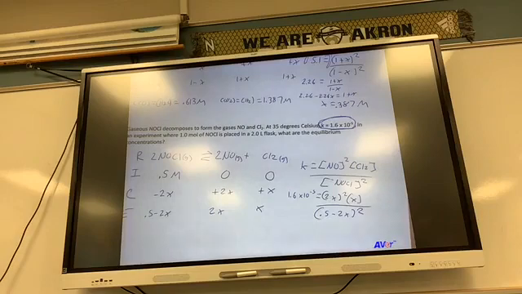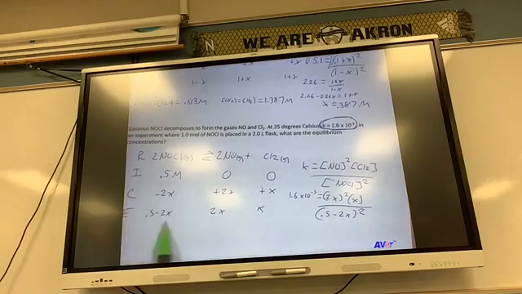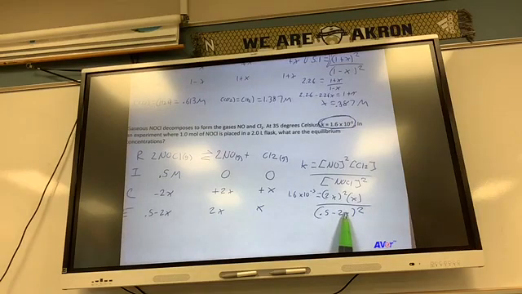Which means your reactants are pretty much not going to change at all. So this is called the 5% rule. That means if the reactants aren't going to change, then this x on the bottom goes to 0.